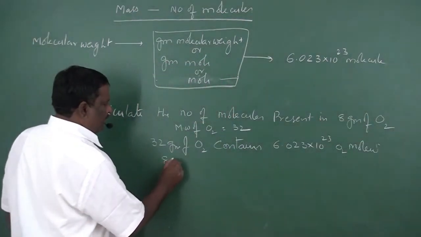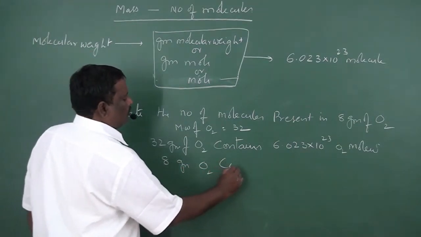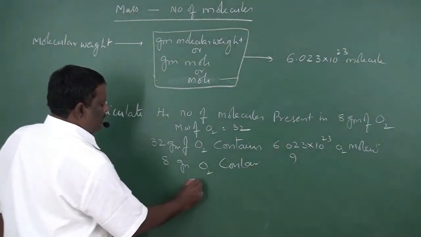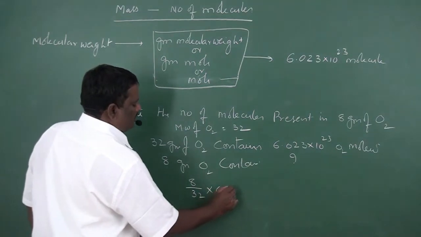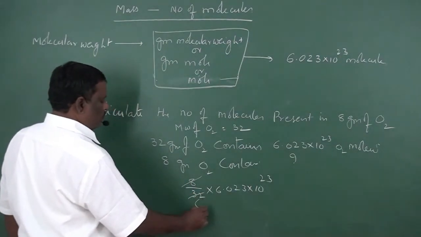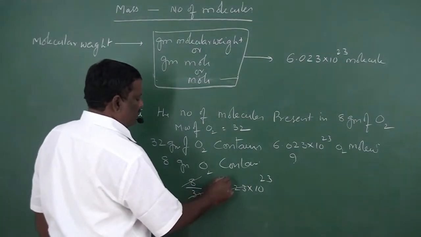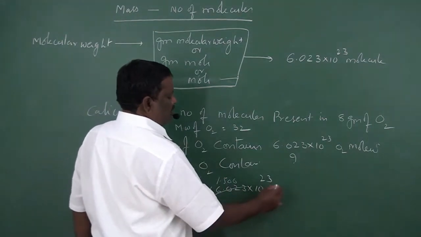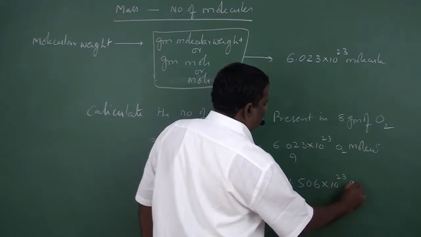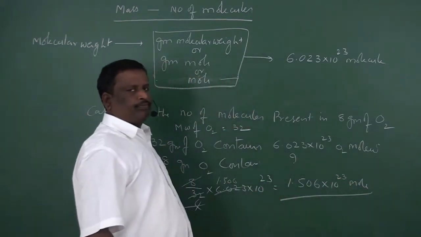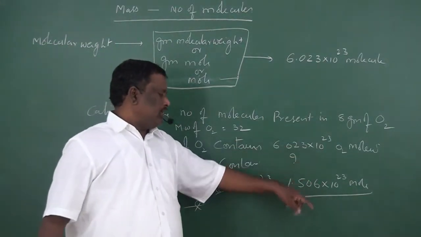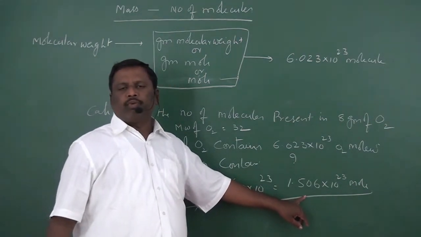Then 8 grams of O2 contains how many molecules? 8 by 32 into 6.023 into 10 to the power 23. This is 1.506 into 10 to the power 23 molecules. So the number of molecules present in 8 grams of oxygen is 1.506 into 10 to the power 23.